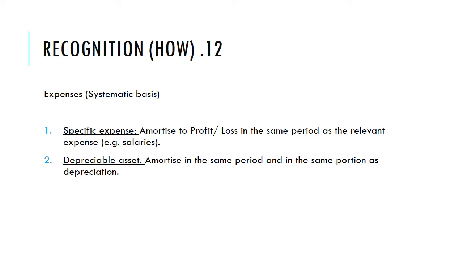And that's all it means. Then if we have a depreciable asset, we amortize in the same portion as the depreciation. In other words, if the useful life is 3 years for the asset, then you write off the deferred revenue over 3 years.